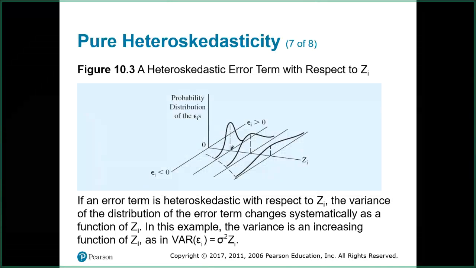So maybe people with smaller values of z have more tightly distributed error terms. In other words, their error terms are much closer to 0 on average, whereas for larger values of z, the distribution or the variance in the error term has increased. So still centered around 0, you're still equally likely to have a positive or a negative error term for large values of z, but the distribution, how likely you are to be really far away, has gone up.